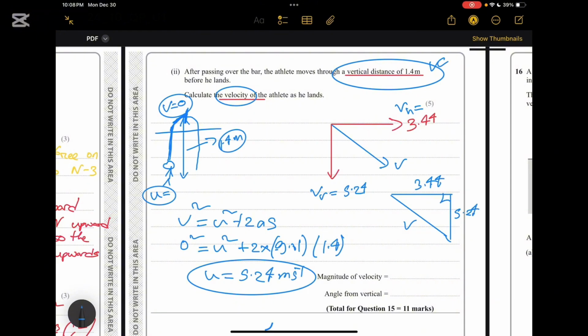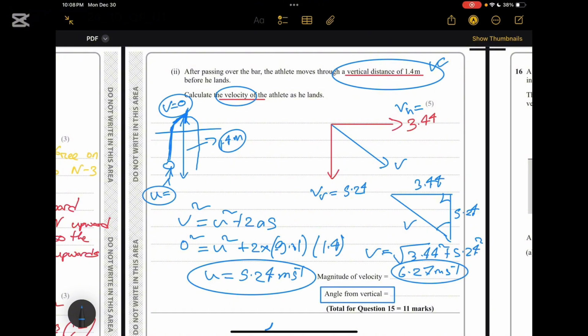So using the Pythagoras theorem, we can figure out this v value, which will come as v equals root over 3.44 squared plus 5.24 squared. The answer will be 6.27 ms^-1. So this is our magnitude of velocity, but we have to find the angle from the vertical.